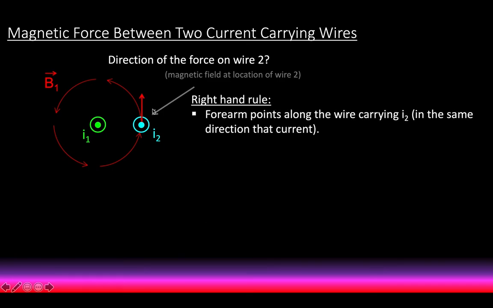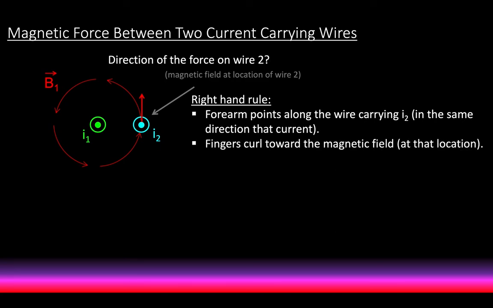From the right-hand rule, my forearm is pointing out of the computer screen in the direction of current I2. My fingers will curl towards the top of the computer screen in the direction of the magnetic field at the location of that wire. And when I raise my thumb, it is going to be pointing to the left. So that means the force on the wire carrying current I2 is to the left. So the force on wire 2 is going to be pointing towards wire 1.